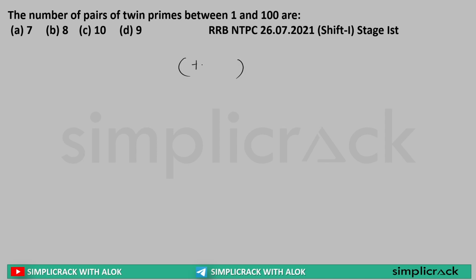For example, this is a pair of twin prime numbers. This means the difference between the numbers of this pair should be 2.